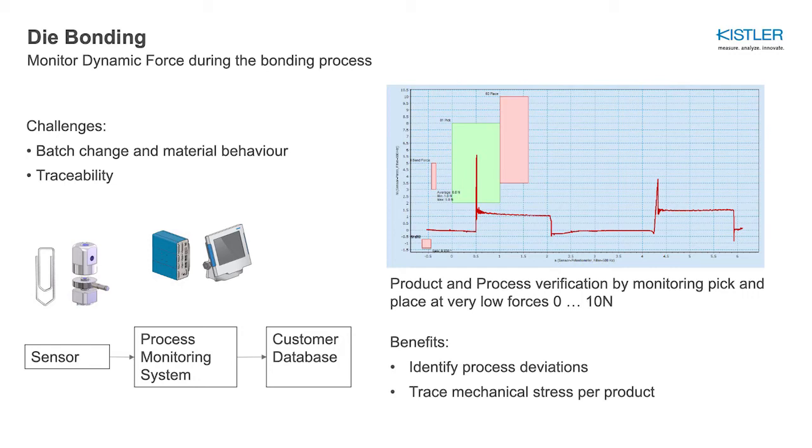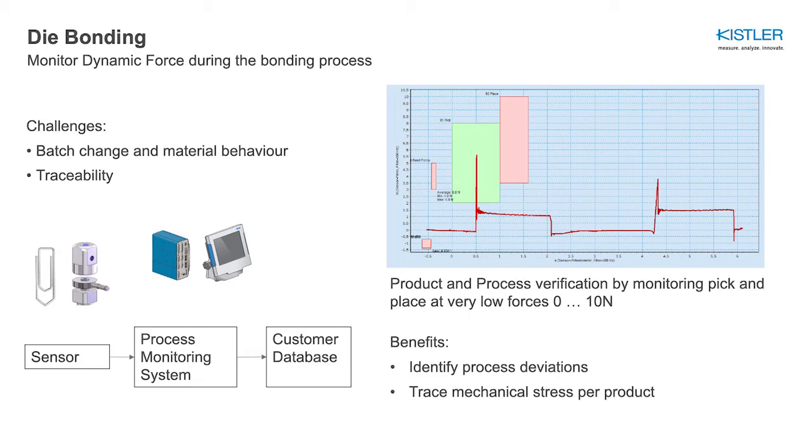So he has full traceability for every product produced. A further advantage is that he needs less time to start up his production. If he needs new material which behaves differently, he can adjust the equipment to the new situation quicker.